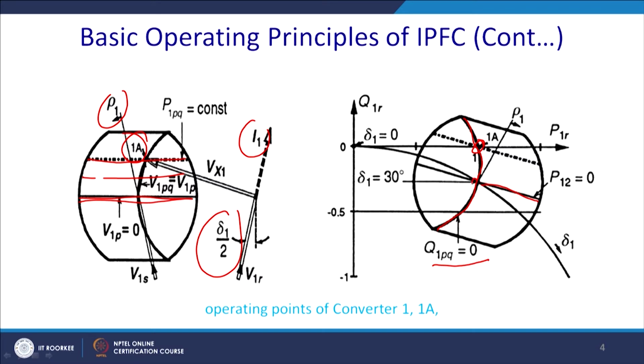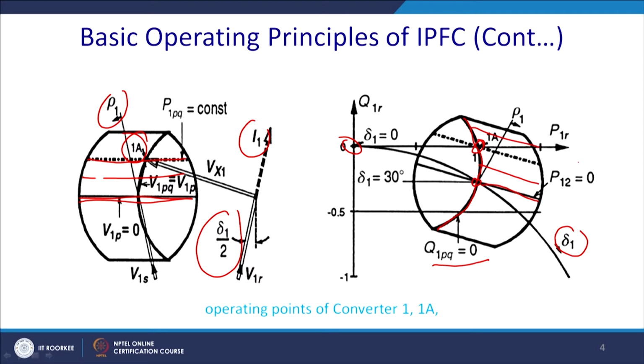So, you are here, and if you increase delta, then you will be shifting like this. This is the explanation of it, and this is the case of delta equal to 0. And what happens if you wish to move along this?